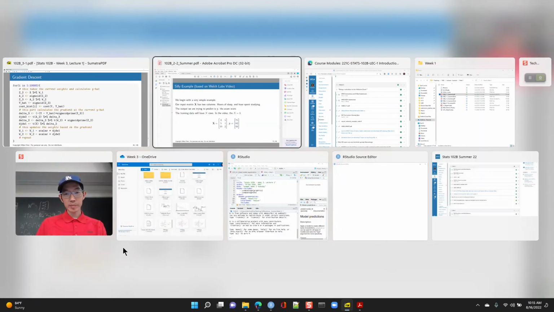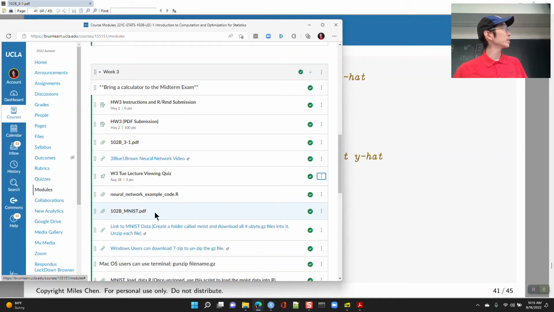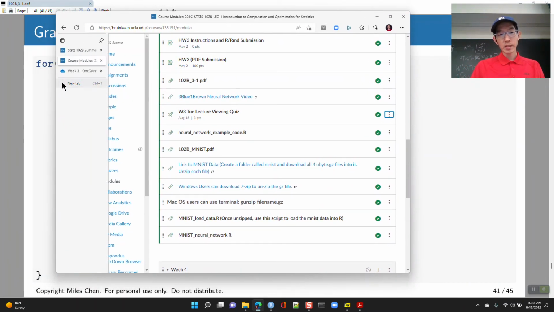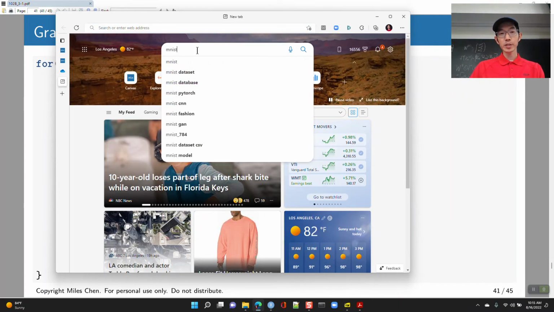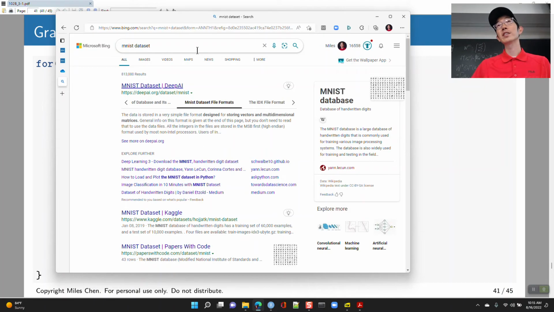So let's take a look, and I want to take a look at the Mnist handwritten digits data set. So just curious, how many of you have heard of the Mnist data set?